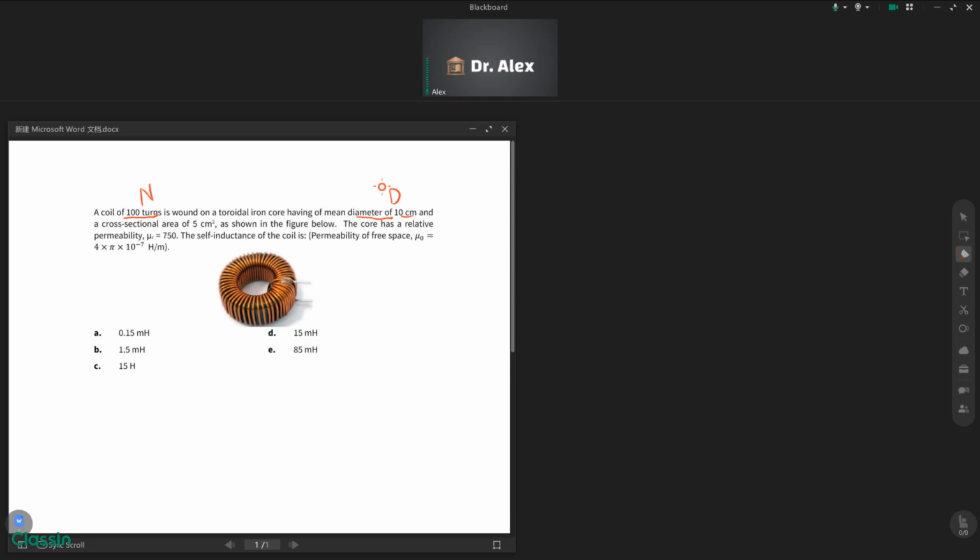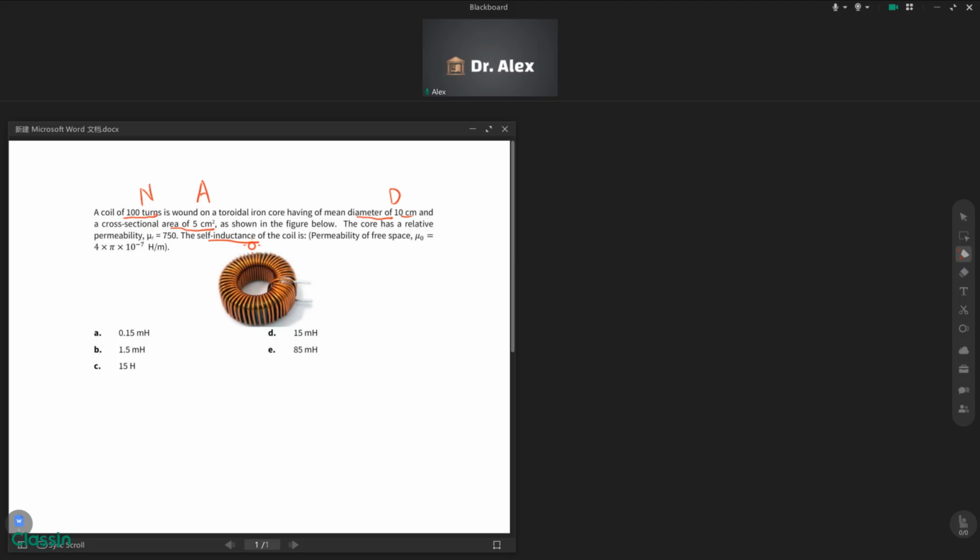So apparently, we can get the parameter of this circle, and we can also get the cross-section area A, which is 5 centimeters. And finally, it is asking us to calculate the inductance.